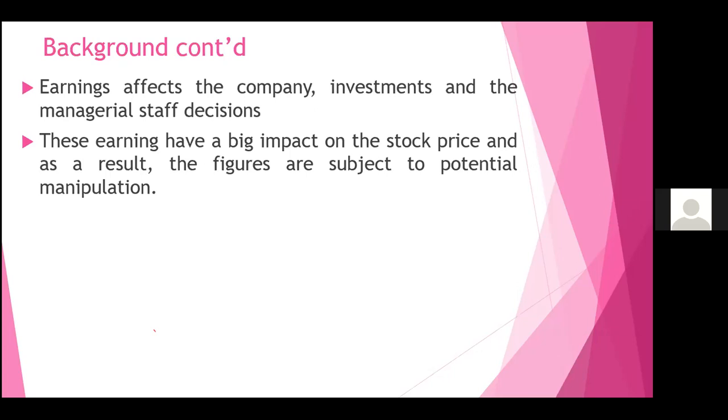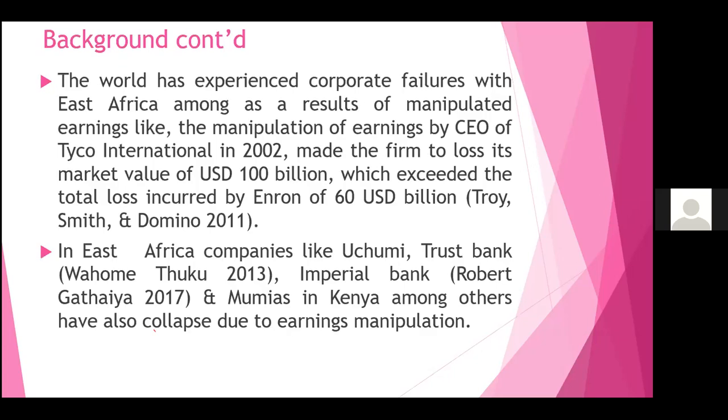So they can be so interested in manipulating these earnings to suit them. Either they report them so that they get high bonuses, or they want to report an untrue stock price just to attract shareholders out there, when in real sense that is not what is happening in the organization. So everyone will want to be interested in this.